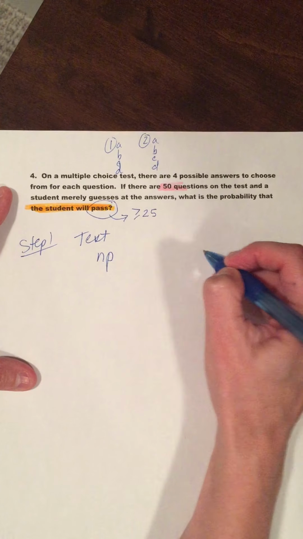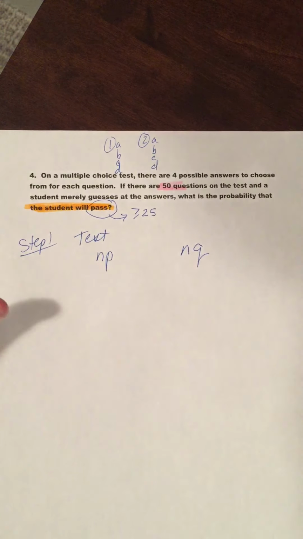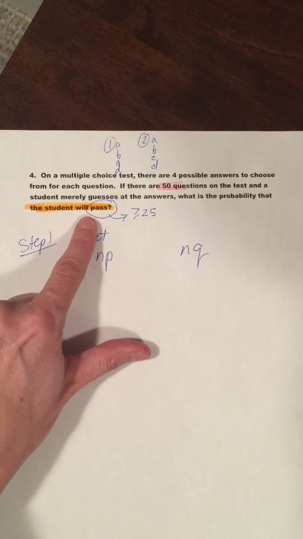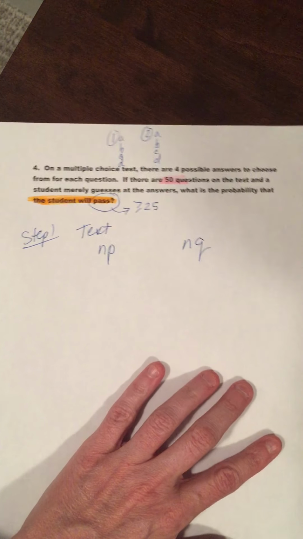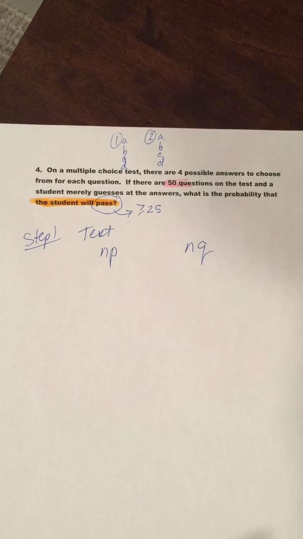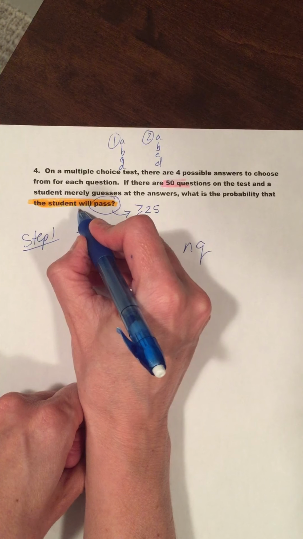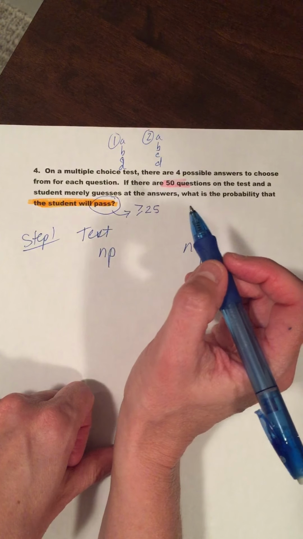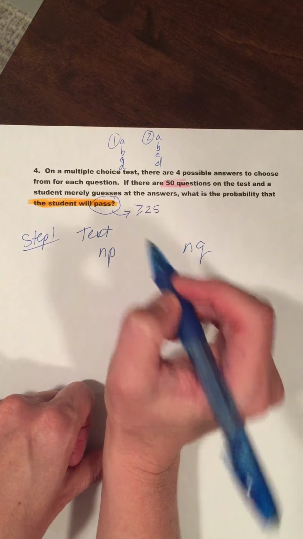Now, before we jump into the testing, let's just jump back here because I often get some questions when we're sitting in the class together, right? And people will say to me, Miss Martel, what's the probability that the kid passes? No, it's not. It doesn't say what is the probability that the student just passes.